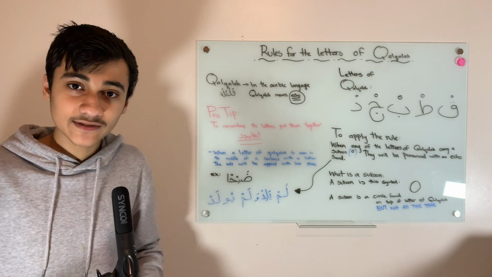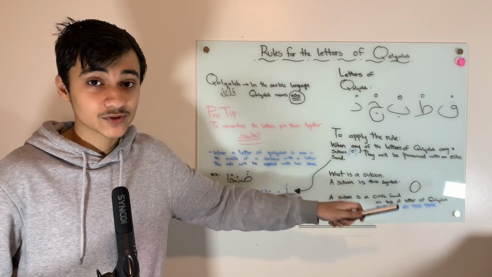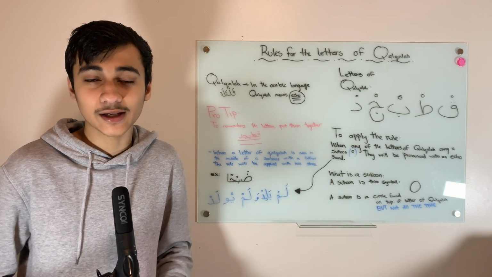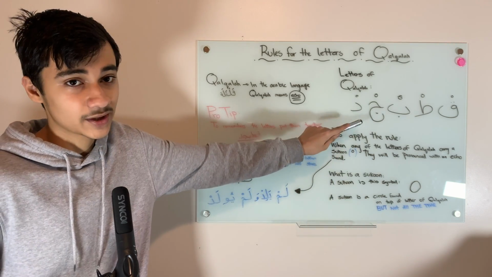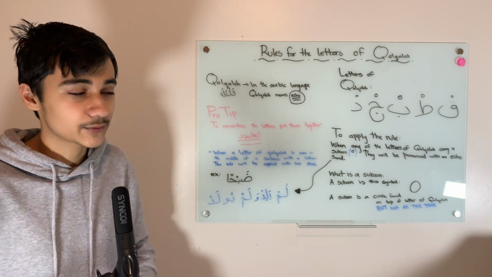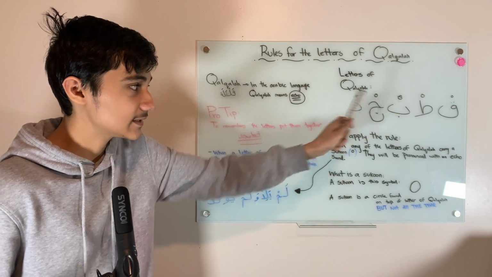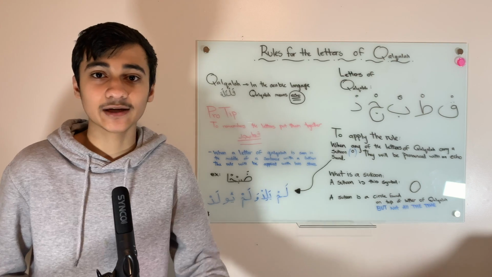It is mostly found on top of the letters of Qalqalah, but not all the time. Remember that this sukoon is not only for the letters of Qalqalah. It can be on other letters as well. So in order to apply the rule, we have to have the sukoon on top of one of these letters. Then you will pronounce the letter with an echo sound.